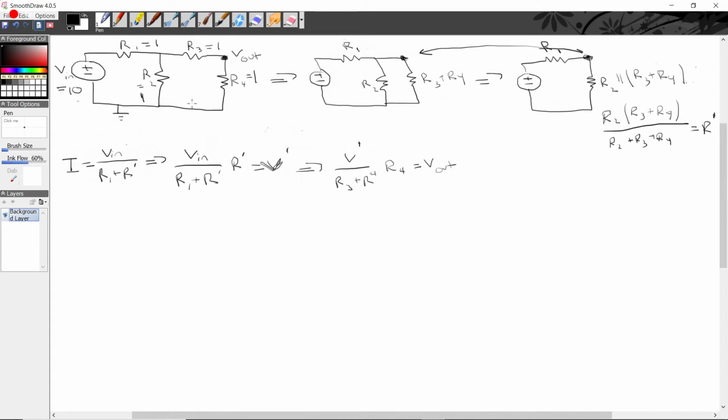So let's go ahead and plug in the numbers of this circuit and figure out what the voltage is at V out. First off, let's solve for V prime. To do that, we need R prime. So what's R prime?